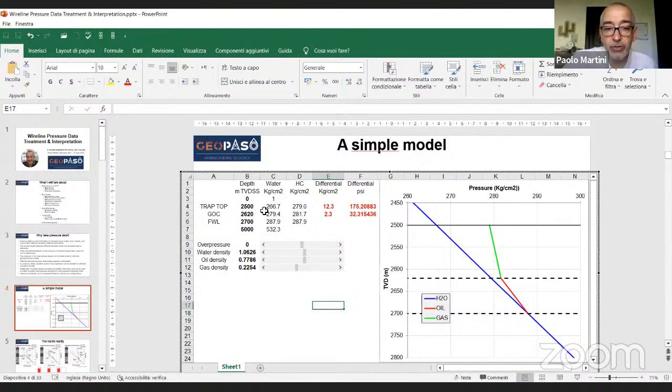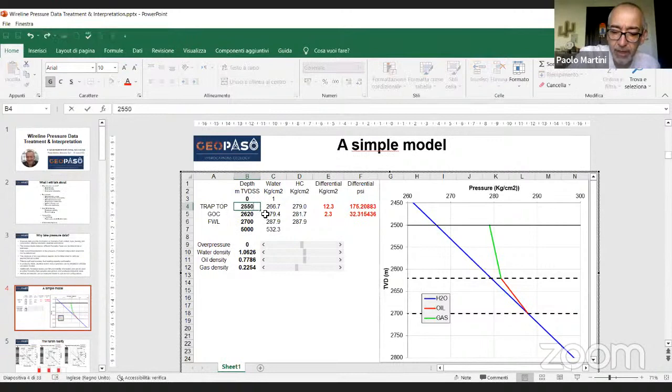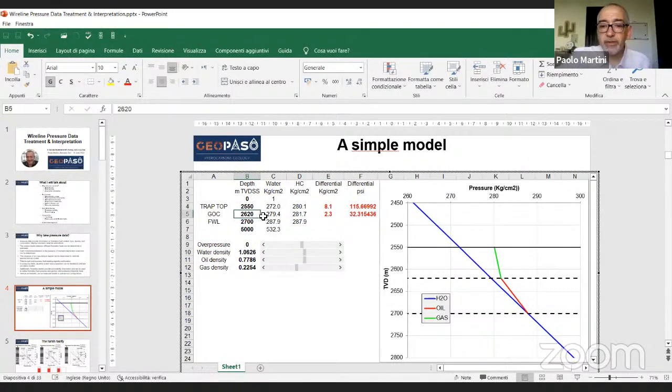I can change, for example, the top of the structure. If I want to put it at 2,550, that is changing, and the differential pressure at the top of the structure is corrected automatically. I can change the depth of the gas oil contact, the free water level.